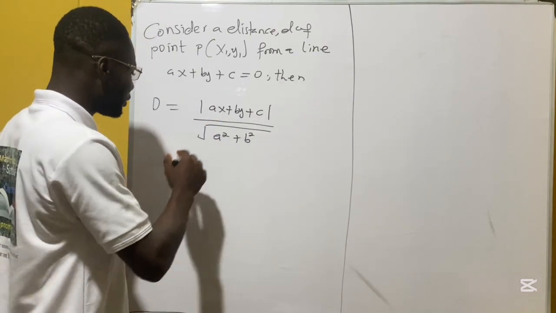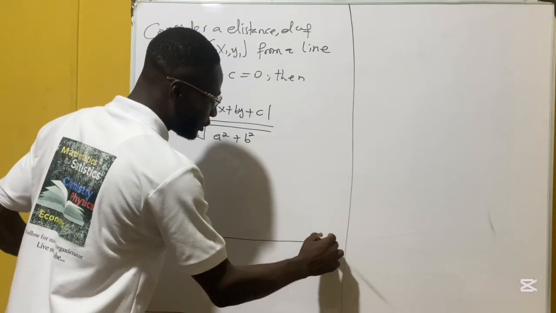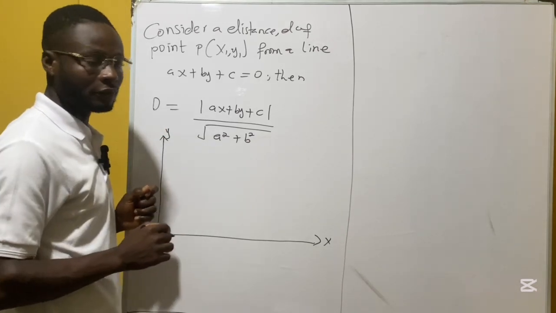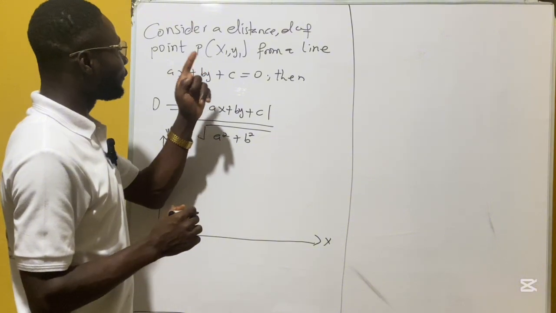So let's consider this figure, this illustration. Consider this as x and this as y, right? We are finding the distance of point P from a line.